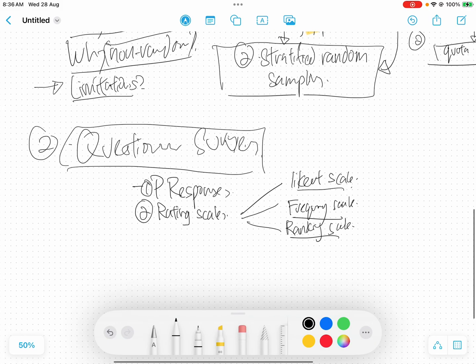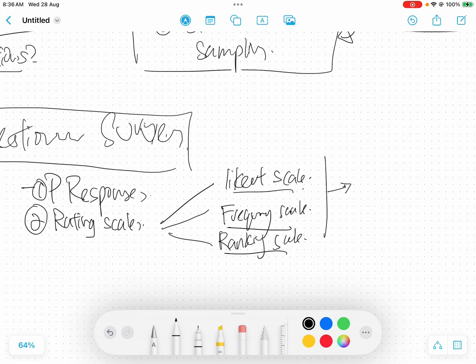So the possible questions that come up from this segment are about being able to develop questions. When you are asked to come up with questions for questionnaire surveys, just remember, firstly, it is all close-ended.